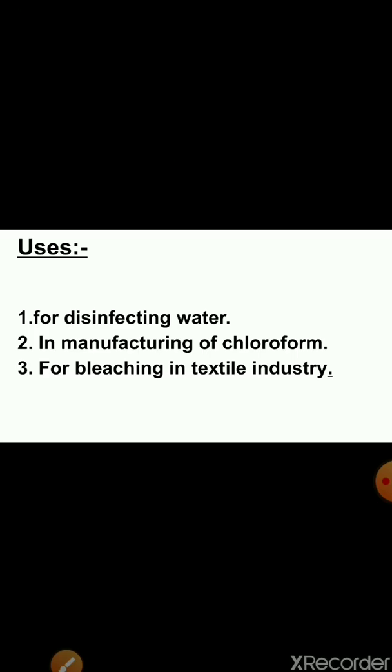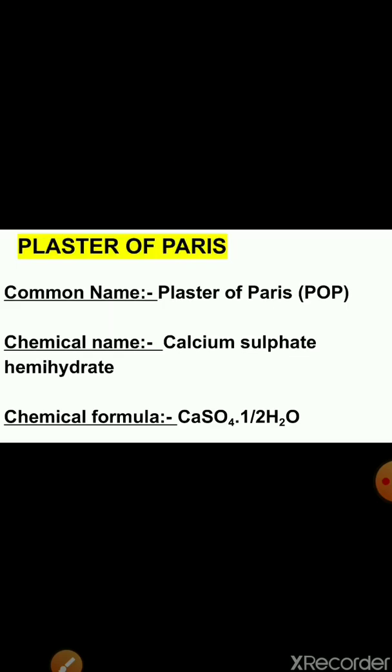Now the next chemical compound is plaster of Paris. It is generally known as POP. The chemical name of POP or plaster of Paris is calcium sulfate hemihydrate, and the chemical formula of plaster of Paris is CaSO4 dot half H2O.